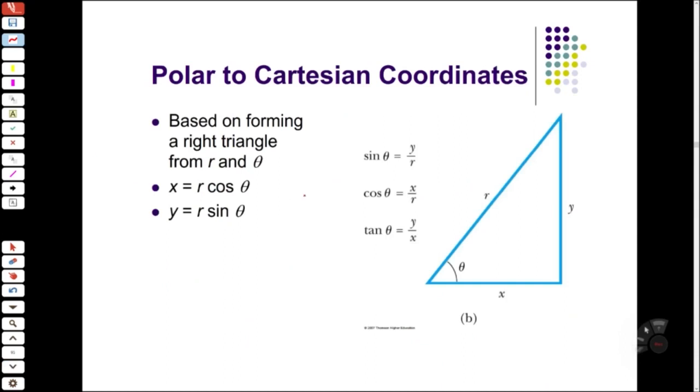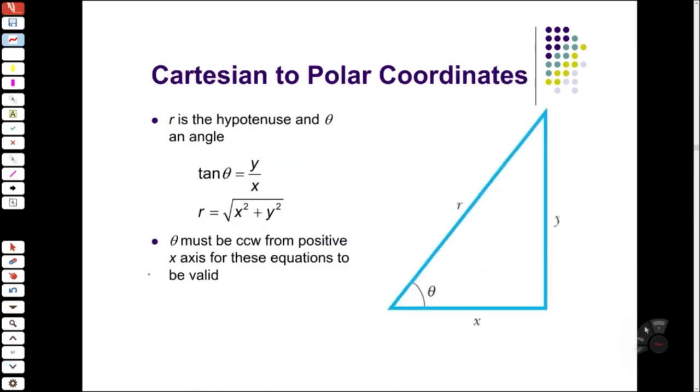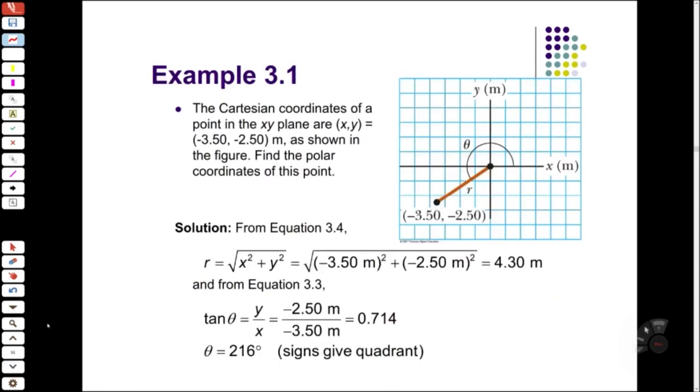So that is the relation between r and theta. x is equal to r cosine theta, y is equal to r sine theta. So r is the square root of x squared plus y squared, and tangent theta is y over x.